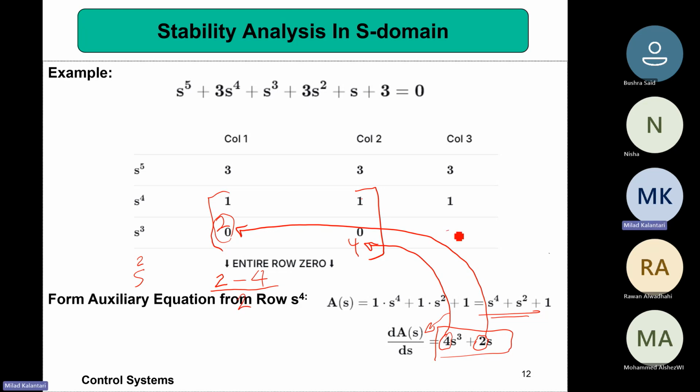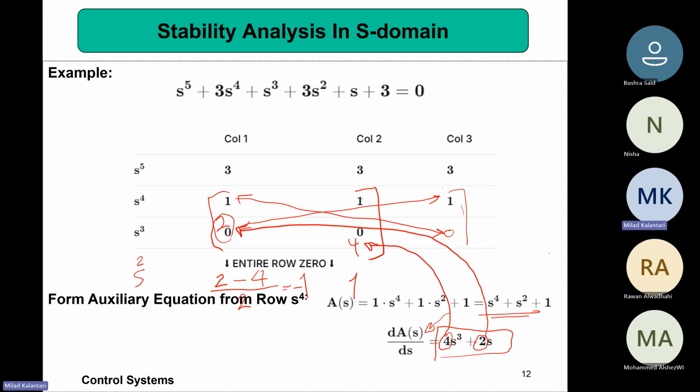And since there is no other column over here, actually there is. And then the next one is basically 2 times this one minus 1 times 0. Divide by 2 will be 1, right? And this will be negative 1.